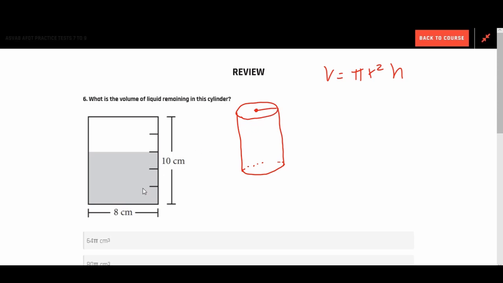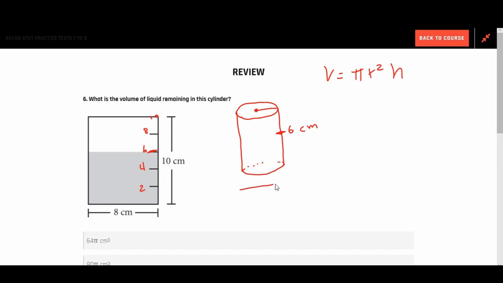In this case, however, we're not doing the full height here. Instead, we're going 2, 4, 6, and this is 8, 10. We're only going to 6. So basically, you have to imagine that we have a cylinder that's 6 centimeters tall.